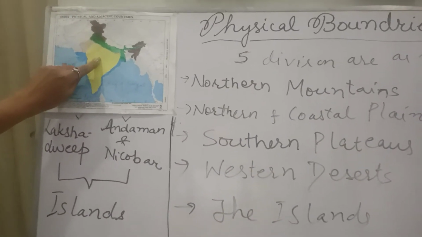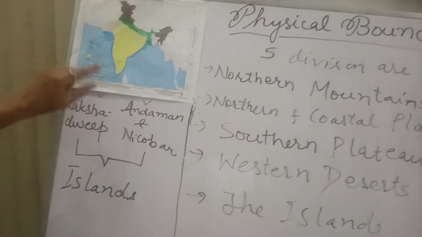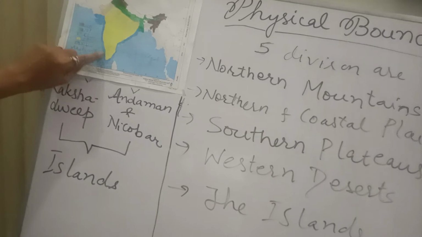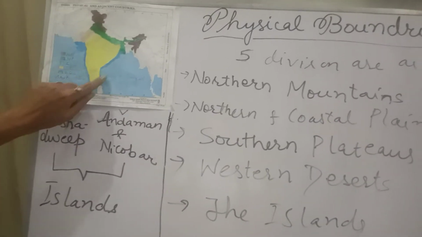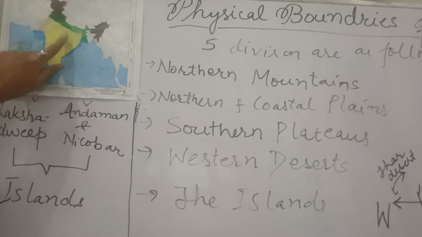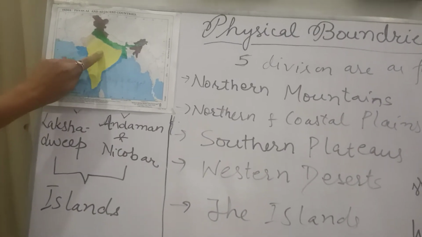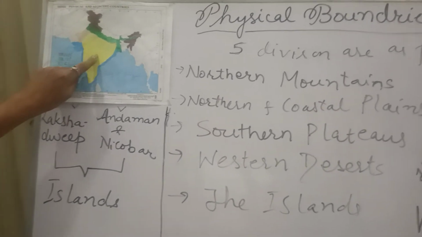It is also known as peninsular land or peninsular area because most of the area of this land is covered by water bodies. Not the whole area, most of the area is covered by water bodies. So it forms a peninsular area and is also known as southern plateau.